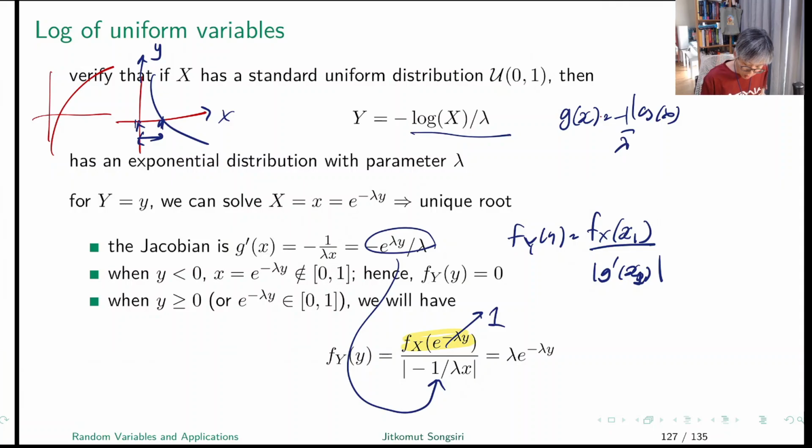That's why the expression turns out to be lambda e to the minus lambda y. And that is exactly the distribution of an exponential random variable with parameter lambda. So the message from this slide is that when you have uniform, the negative log of uniform is an exponential variable.